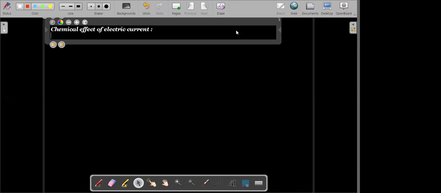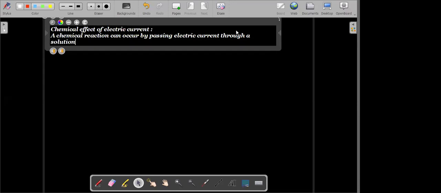We had seen that a chemical reaction can occur by passing electric current through a solution. If electric current is passed through a solution, it can bring about some chemical changes or chemical reactions. That is why we call it the chemical effect of electric current.